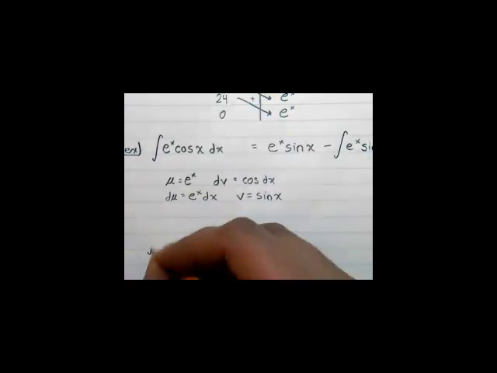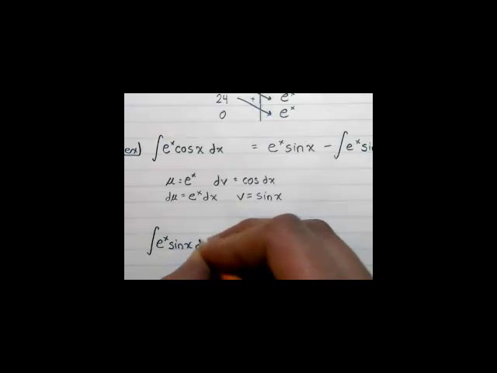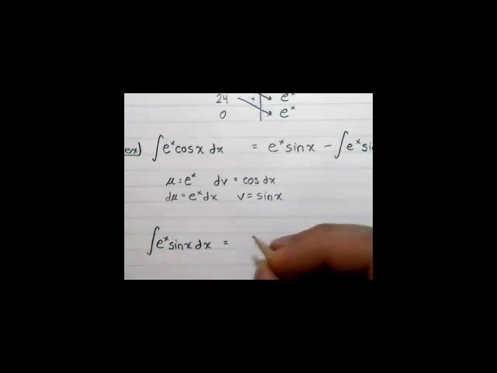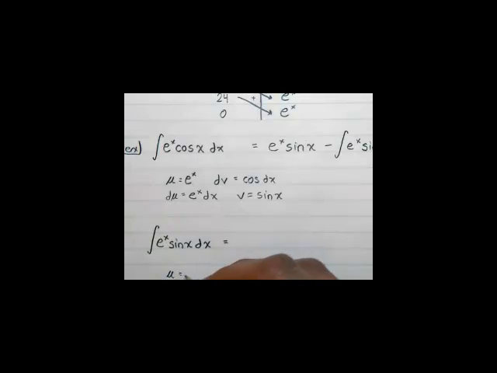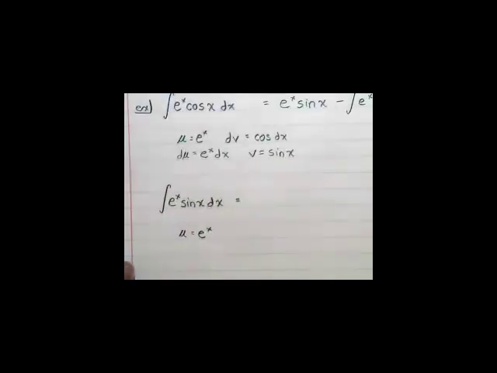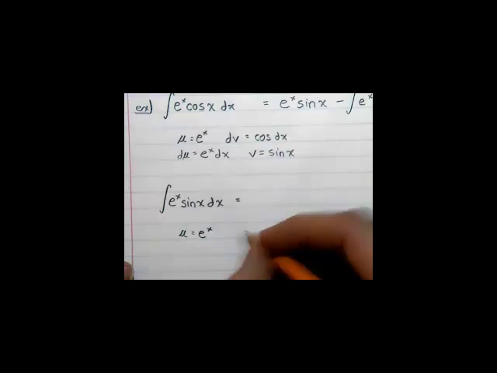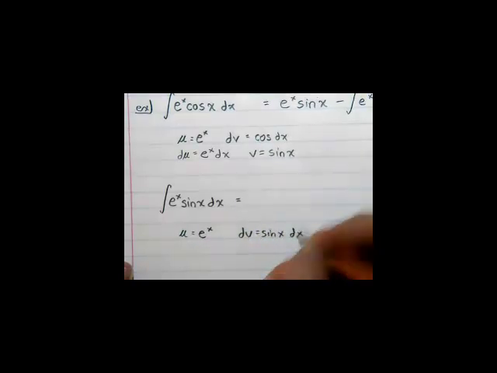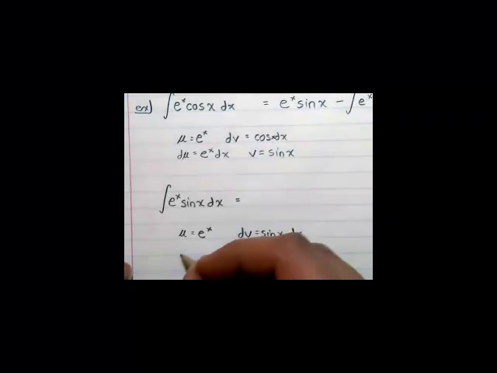Okay, come down here. We'll do e to the x sine x. Oops, I need my u is e to the x. And my dv is sine x dx. Oops, I forgot my x up there. So du is e to the x dx.